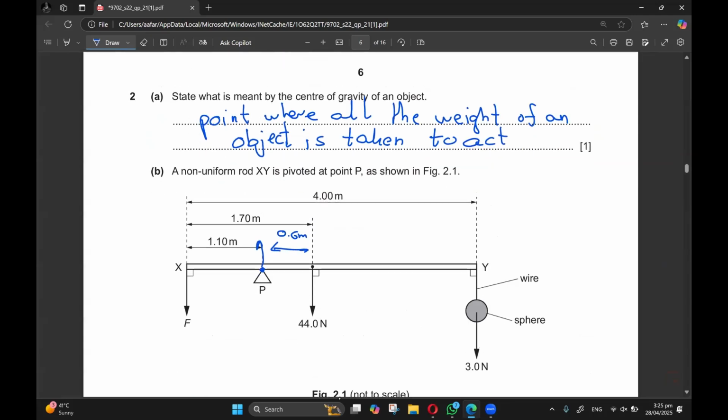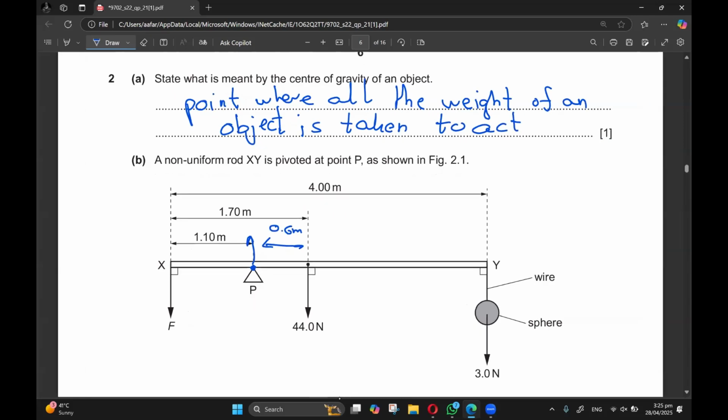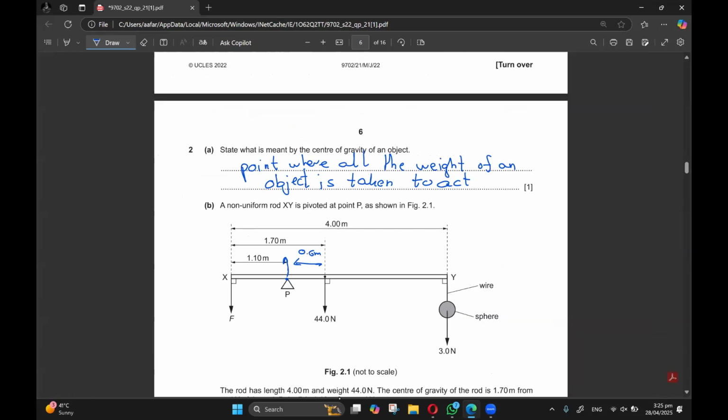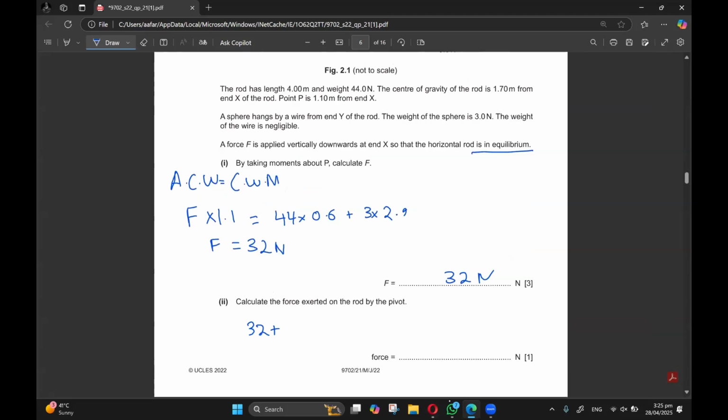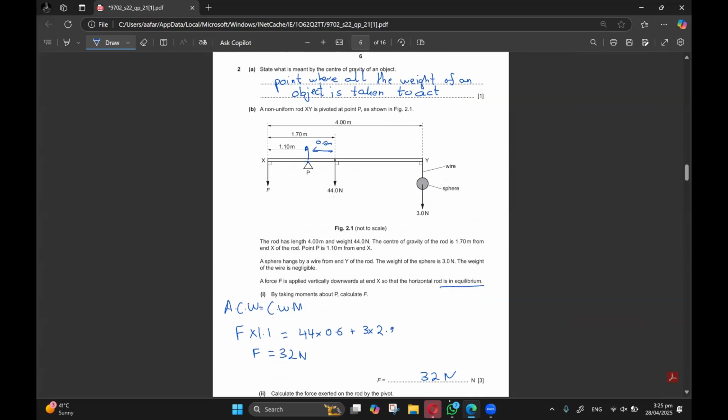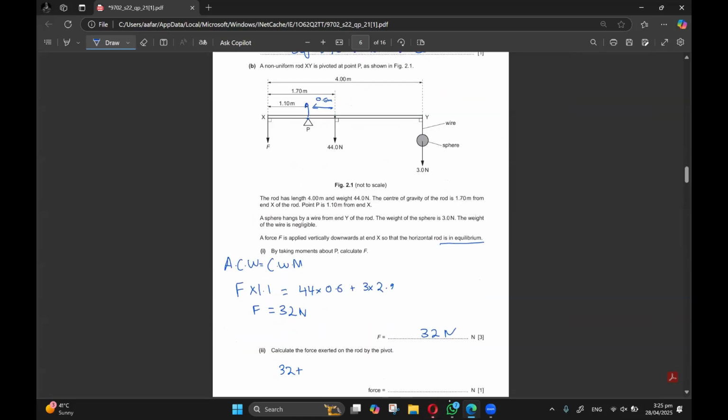Basically, if you take this as a single object, the total force it's applying on this pivot is basically the sum total of all these forces, right? The pivot will apply the force back. Since there is no vertical movement, the net will be zero. So you can say 32 plus 44 plus 3 gets 79.